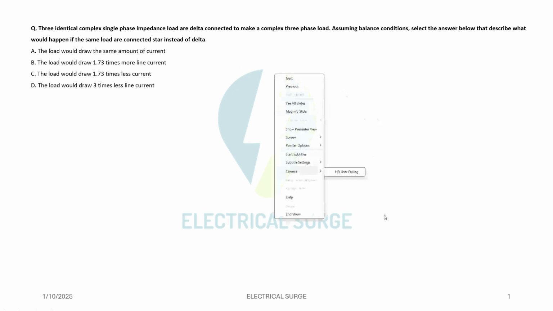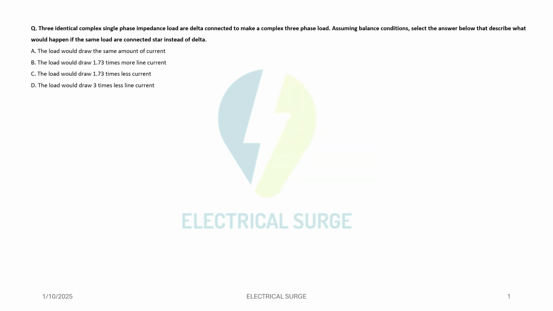To explain this question, I want to describe it by drawing the network diagram. First of all, a single phase load is connected in delta connection in order to make a three phase load.